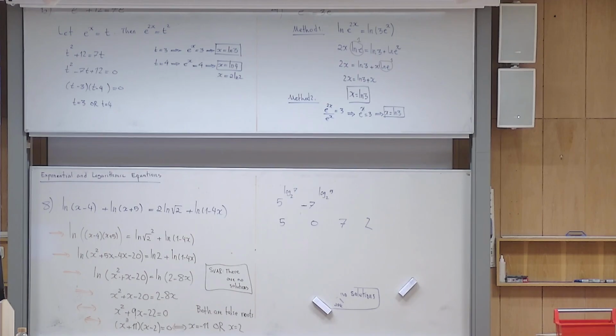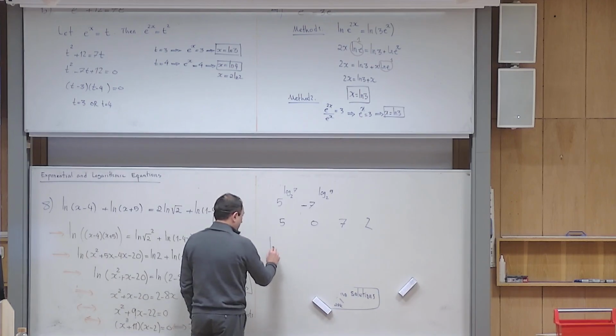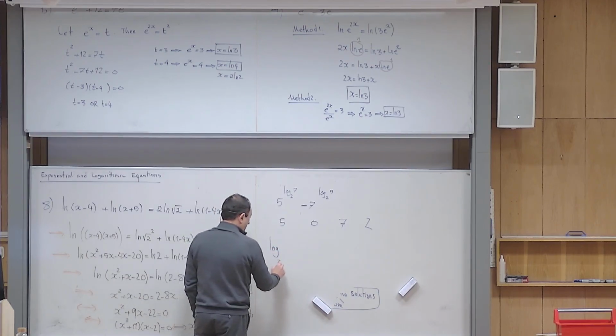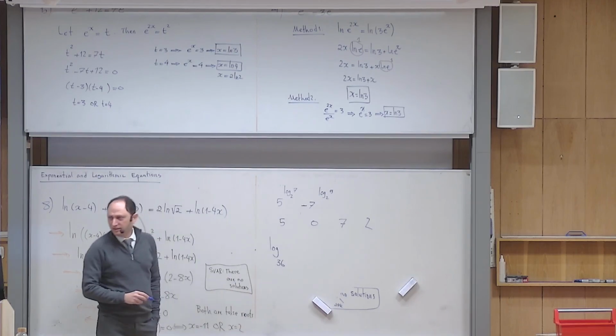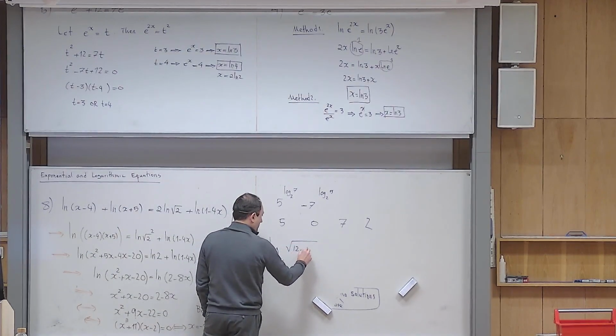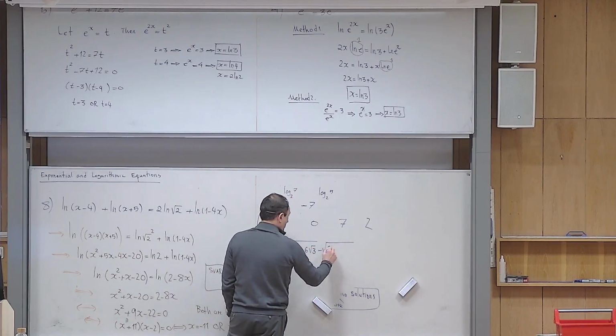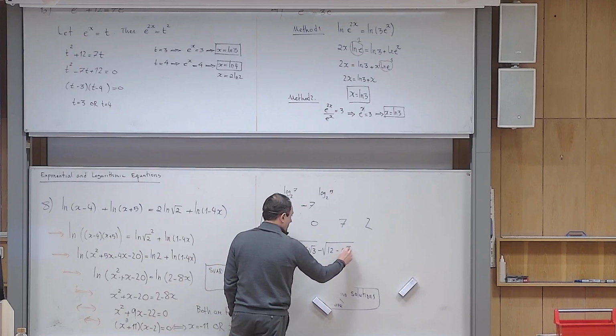Another one for you. This was level 2. This is level 3. Calculate the logarithm to the base 36 of this number: square root of 12 plus 6 square root of 3 minus the square root of 12 minus 6 square root of 3.